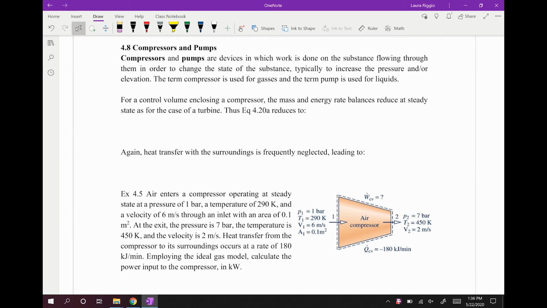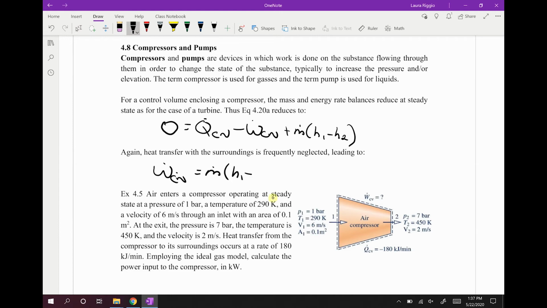For a control volume enclosing a compressor, the mass and energy balances at steady state reduce to the same as for a turbine. So we have our heat transfer minus our work plus our change in enthalpy is equal to 0. And much like with a turbine, the heat transfer is typically neglected.